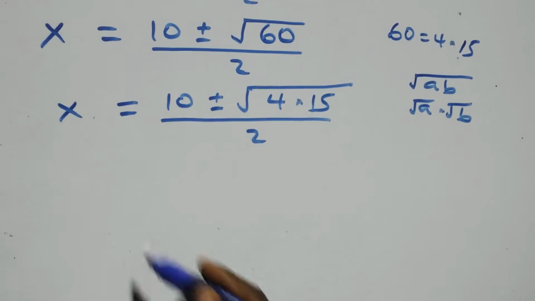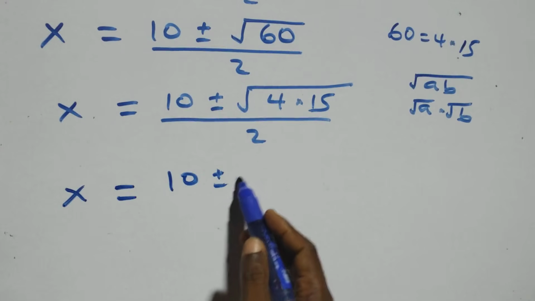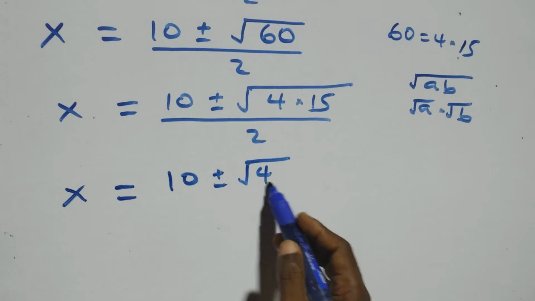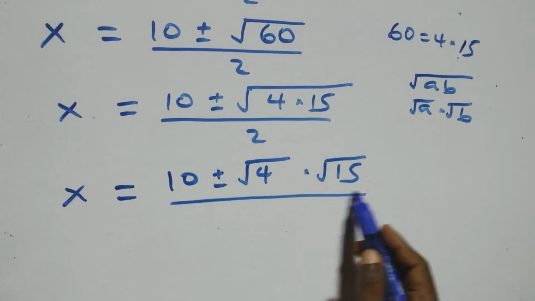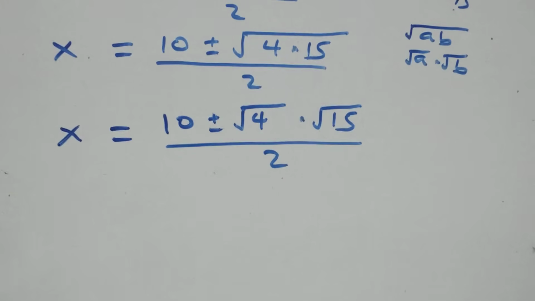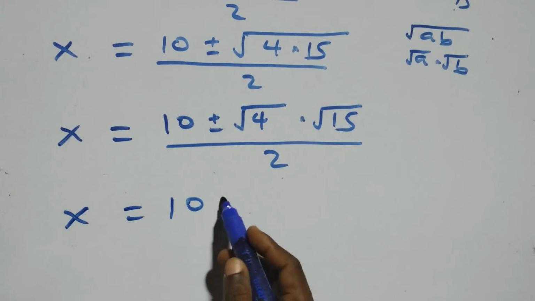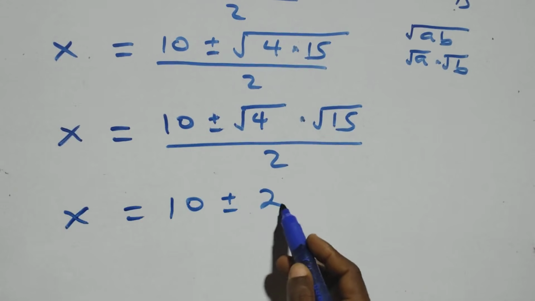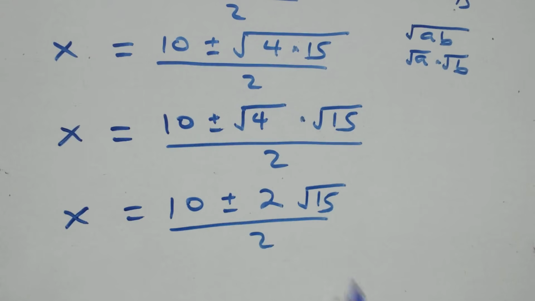That is, x equals 10 plus or minus root 4 times root 15, all over 2. That is, x equals 10 plus or minus root 4, that's 2, and we have root 15, all over 2.